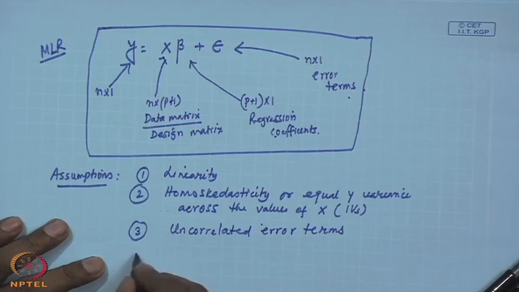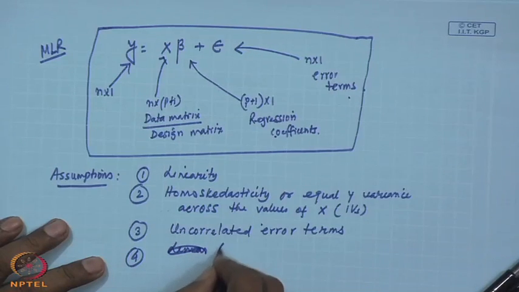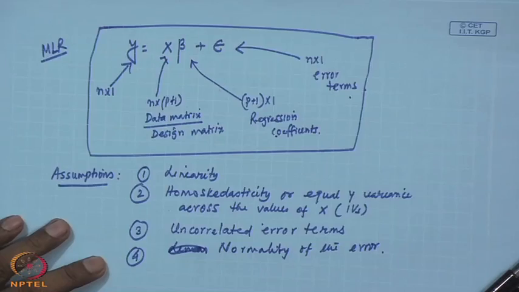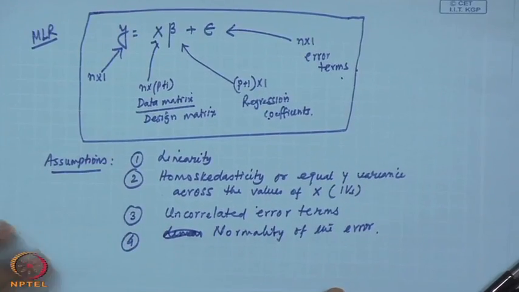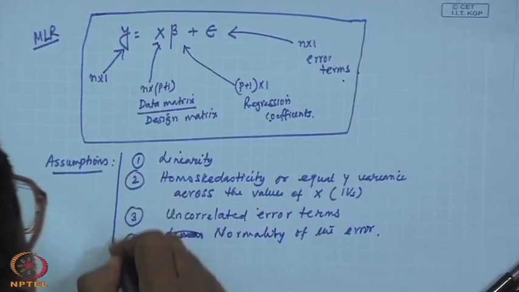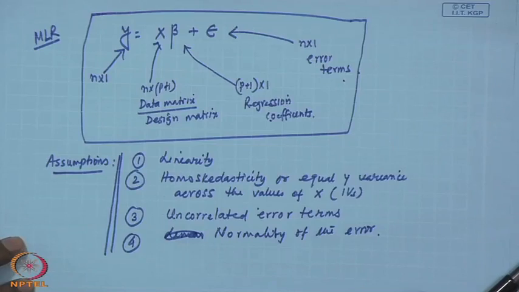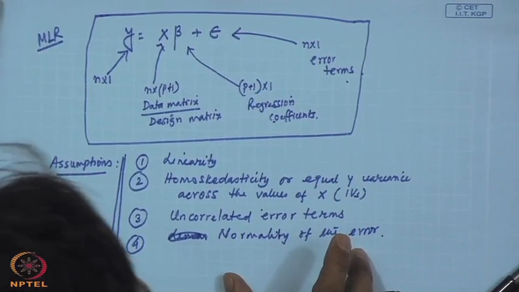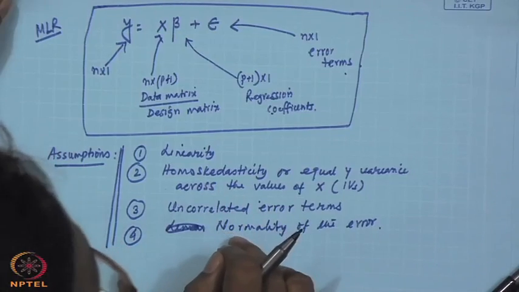And the fourth, normality of the error terms. So, these 4 assumptions need to be tested later on. After fitting the model we will test this, but at this moment I should say something about what this is.